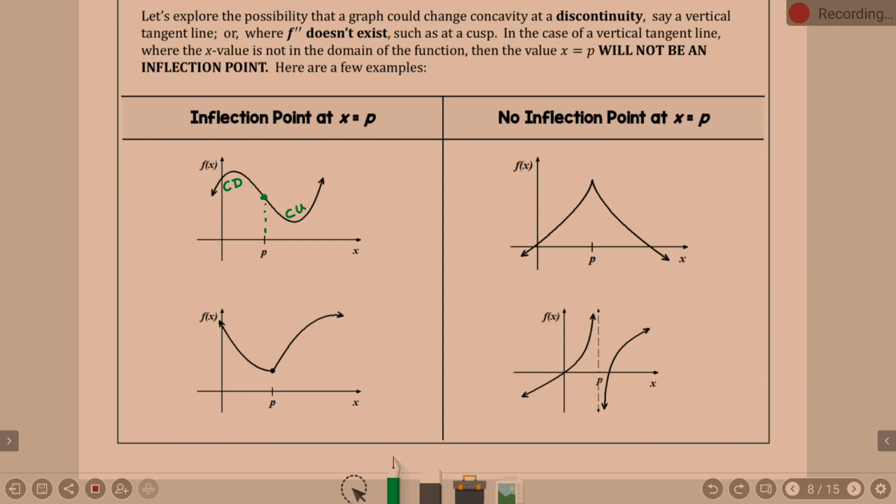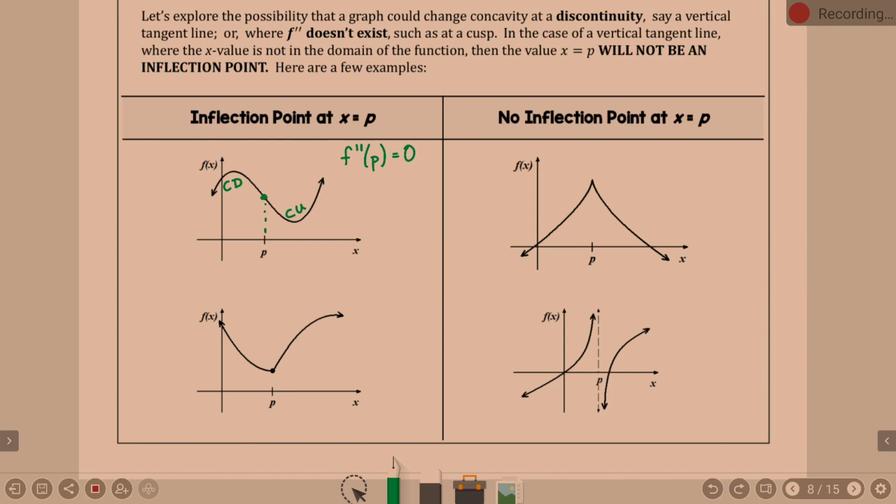This is a scenario where the second derivative would be equal to 0. If the second derivative is equal to 0, we have a critical point of the second derivative, which is usually an inflection point.